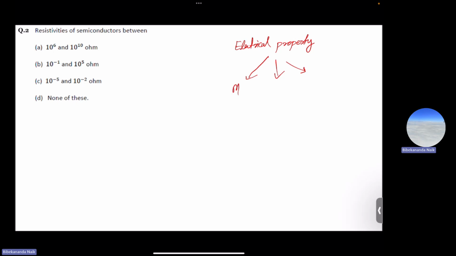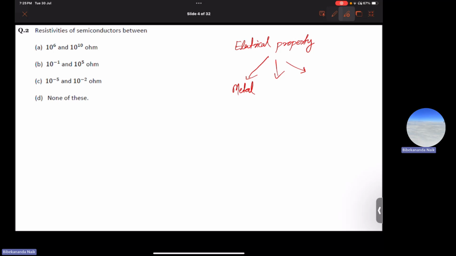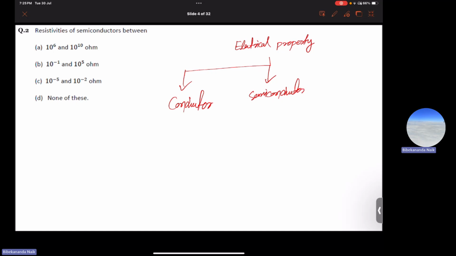One is metal, or rather, not exactly metal, they can be classified as conductor, semiconductor, and insulator.